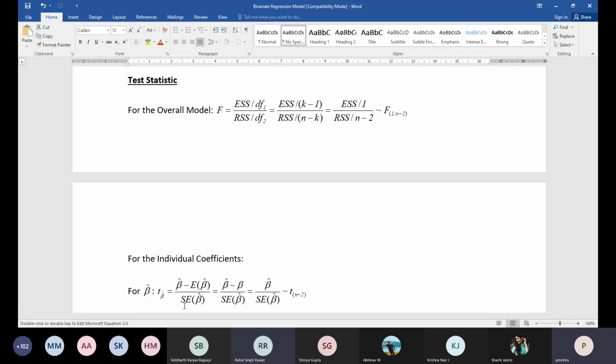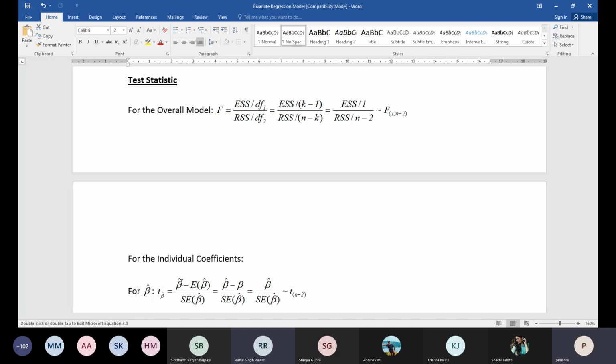But then why are we saying t distribution? We are saying t distribution because we don't know the standard deviation. We don't know sigma square. Variance of beta hat depends on sigma square, hence standard deviation of beta hat depends on sigma square. But we don't know sigma square. We use an estimator of sigma square.